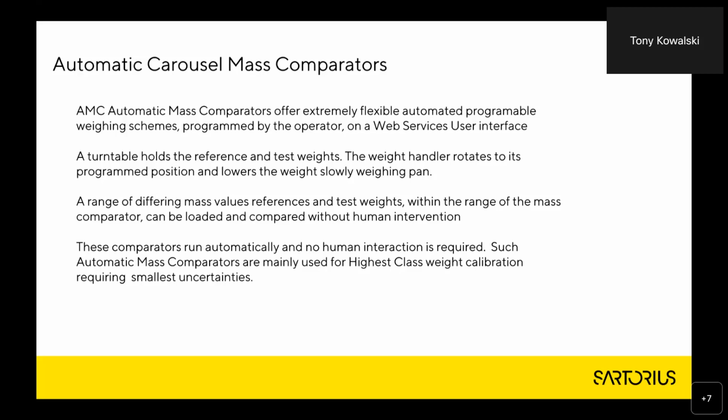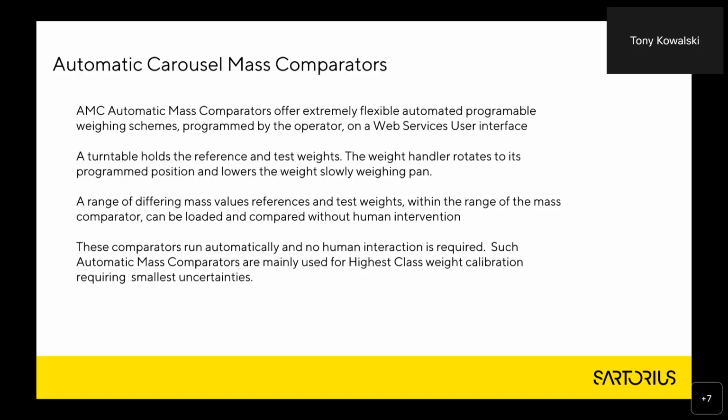Big advantage here is there's no human intervention. You load the weights and leave the comparator to do all of the work. So they work whenever you want them to work. If the laboratory is going to be in more stable conditions overnight, you can program such a comparator to start after you've all left, when there's no one walking, when the doors remain closed, the temperature becomes more stable.